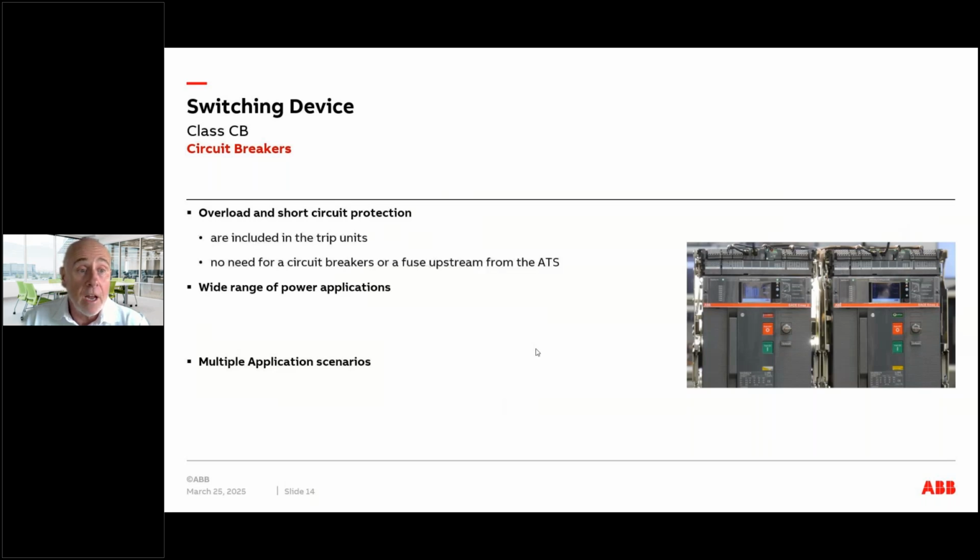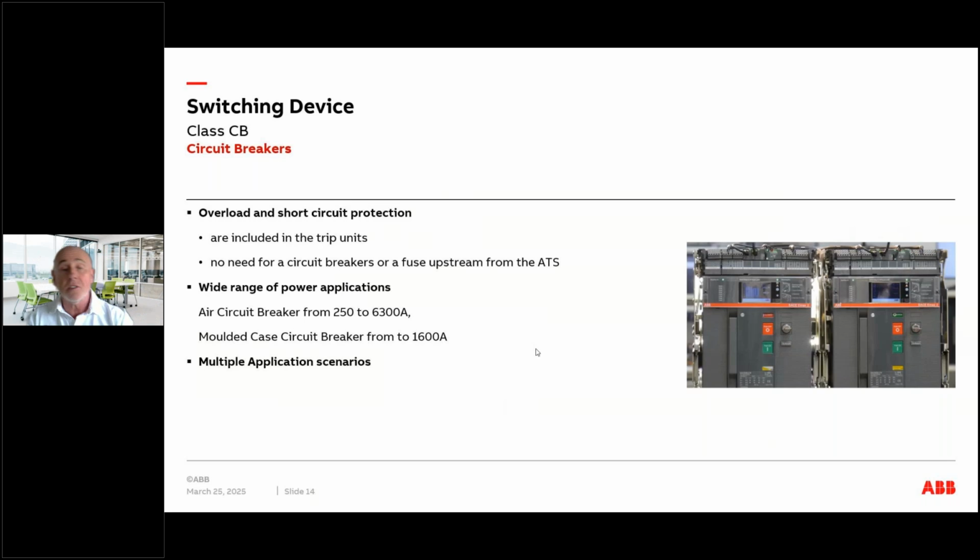One of the advantages of this is that the actual devices now have inbuilt trip releases. So they have protection built in, short circuit, overload, and a raft of other protection functions. So there's no need for additional circuit protection because it's integral to the devices, just by the nature of what these products are. That lends itself to a wide range of power applications.